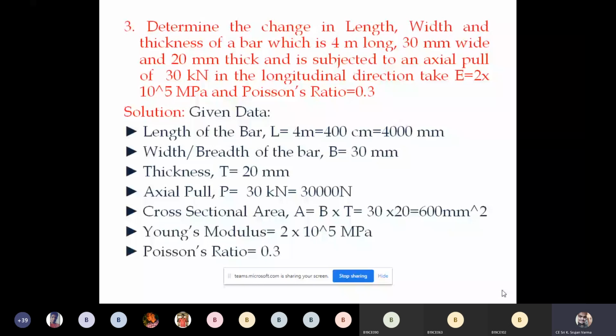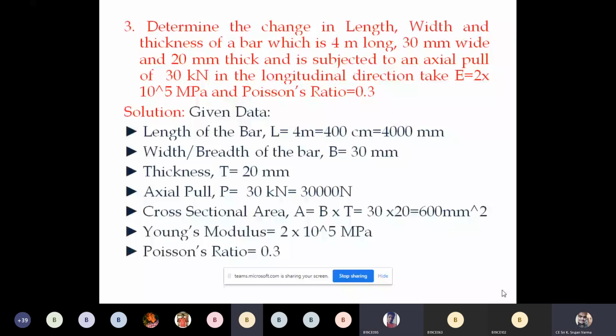1 megapascal is equal to how much? Roll number 95, Raju. How many newtons per mm square? 1 megapascal is how many newton per mm square? Next, 65, Altaf Ahmad.